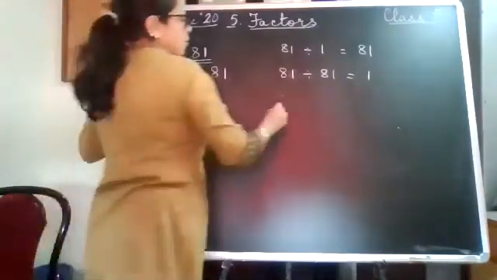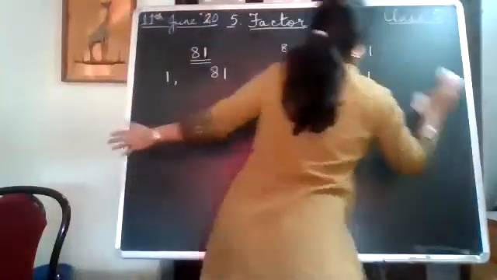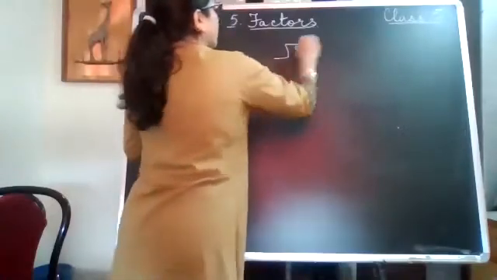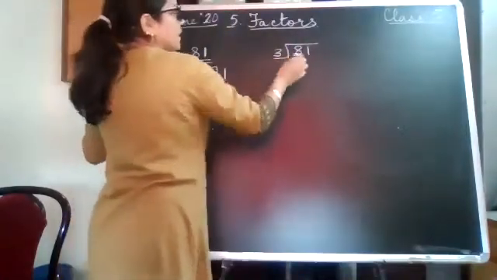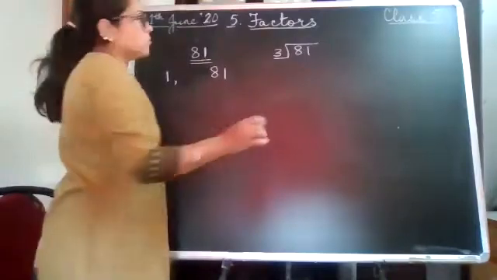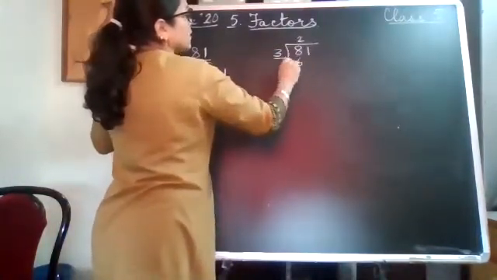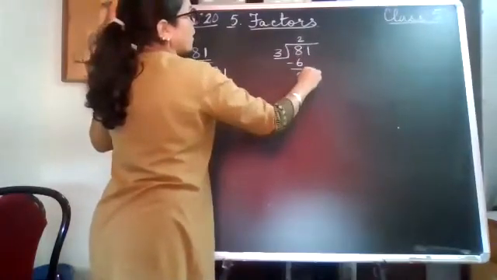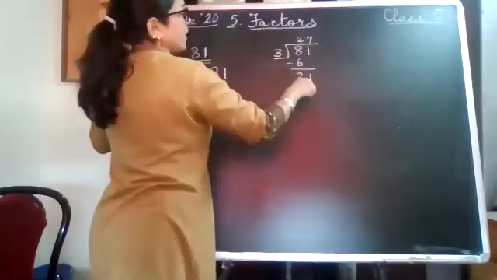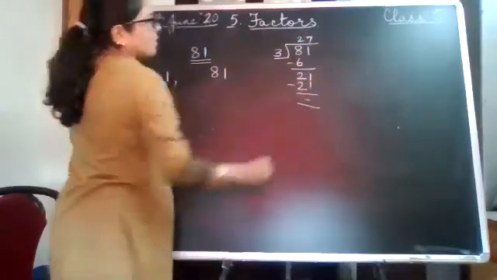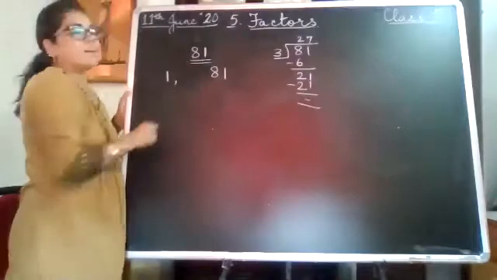So let me find out how many times. 3 divides 81, that I know, but how many times I don't know. So 3 divides 8 2 times, 3 2s are 6, 2 will be left, bring down 1. 3 divides 21 7 times, 3 sevens are 21.